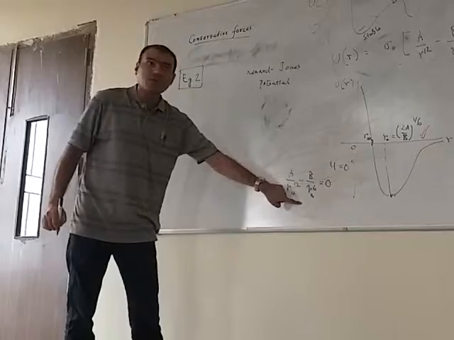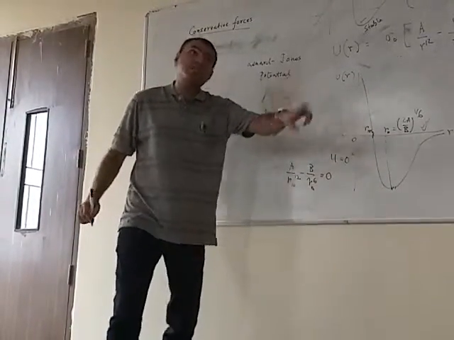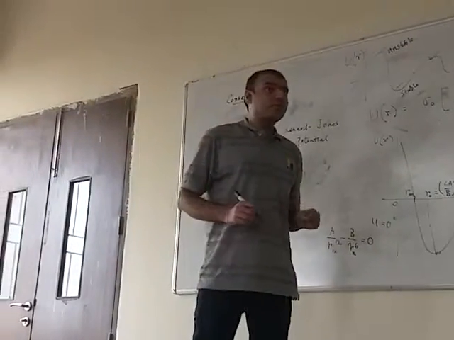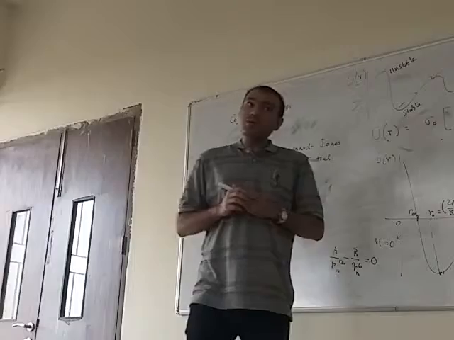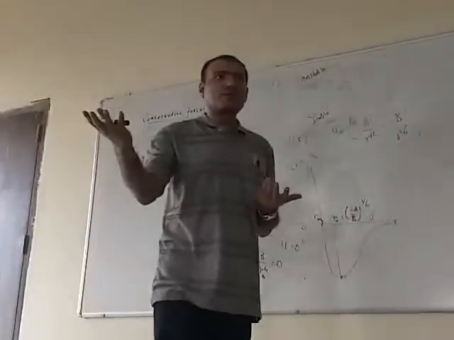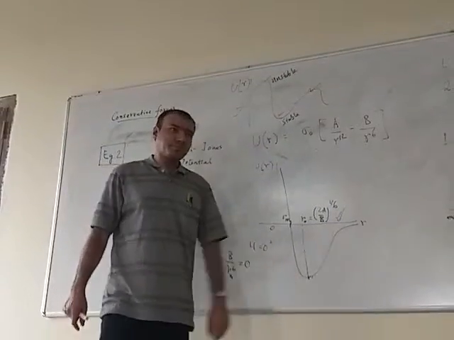So this Rn, if you solve for it, would give you the position where the potential itself is going to 0. But that's not a position of force equal to 0. Force equal to 0 will only happen when the derivative of the potential goes to 0. So that only happens here.